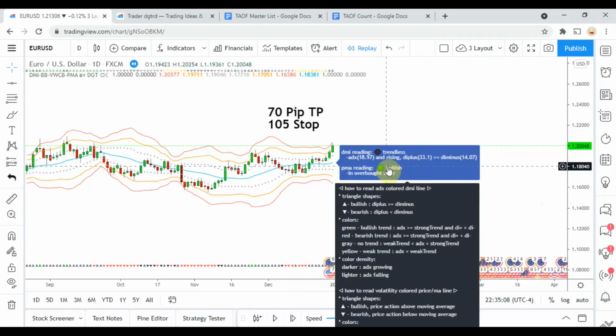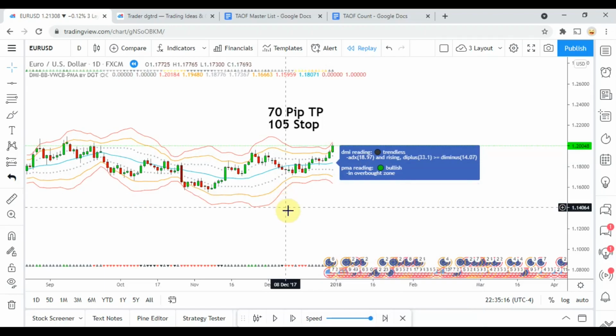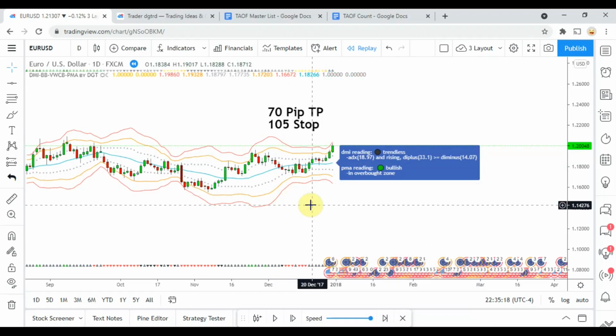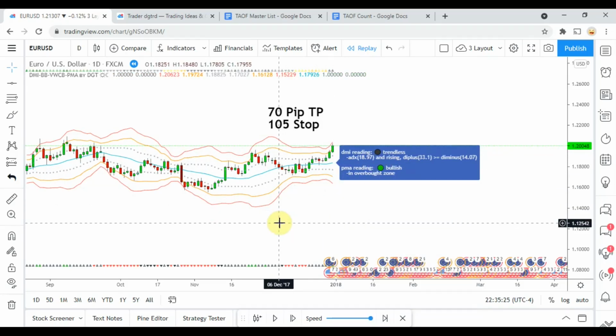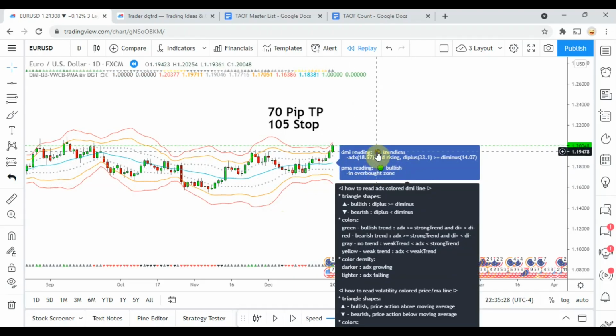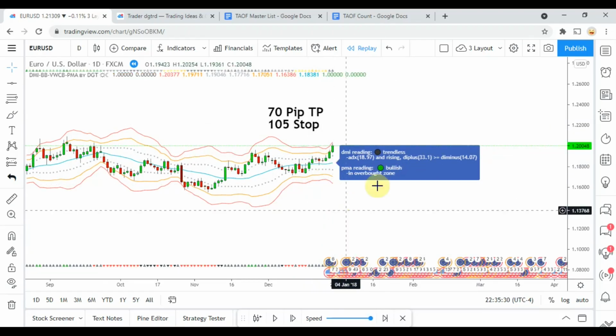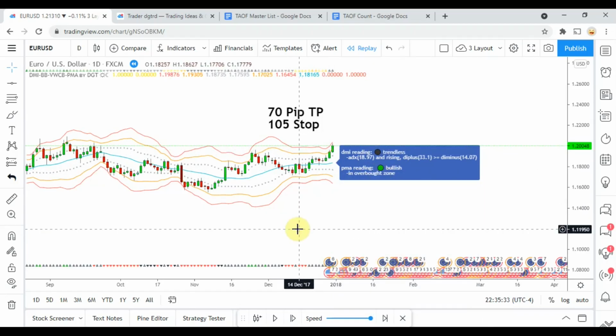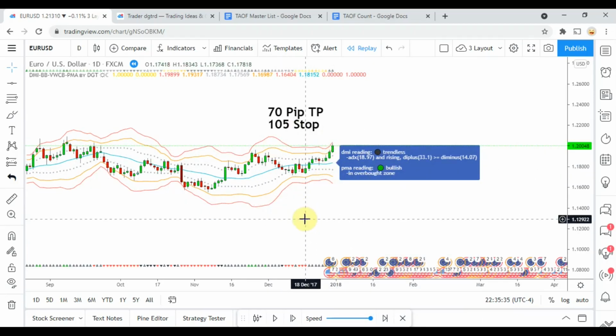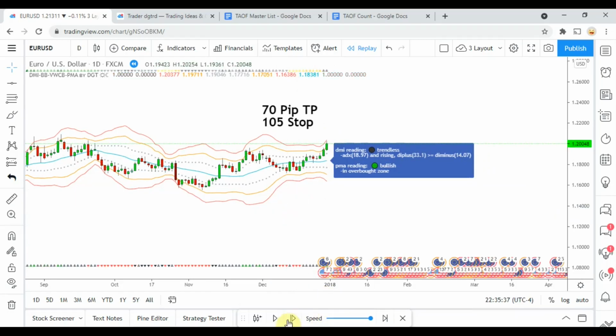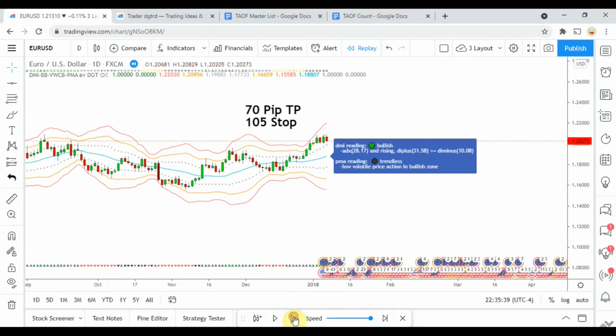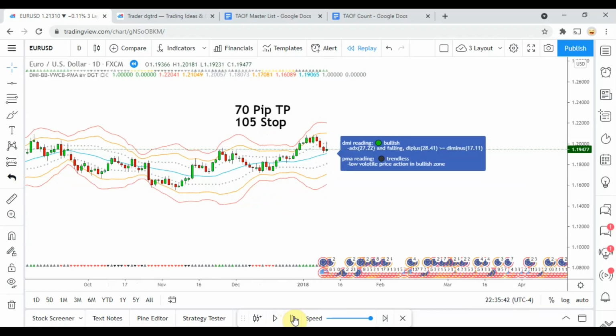Green, obviously, is bullish. The black, as you can see here on the black dot, is trendless. And then red is bearish. So really what we are looking for is the combination of the two dots. When we get a green dot and a green dot, we should go long. When we get a red dot and a red dot, we will go short. That's how we will be testing it today. Let's go ahead and get on with it and see what we can get.